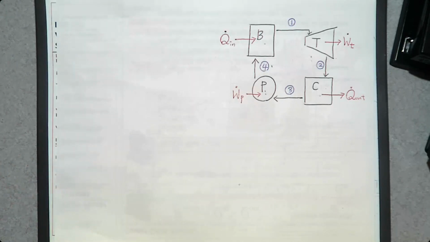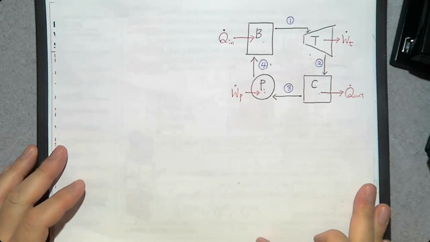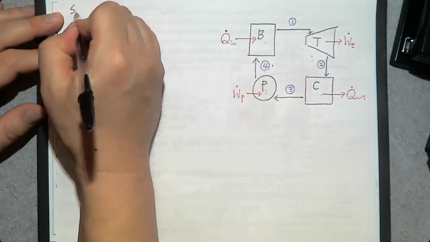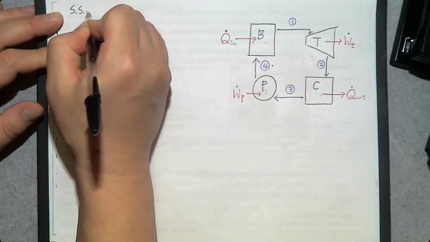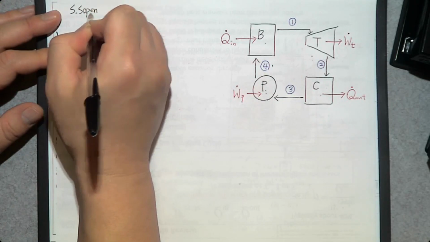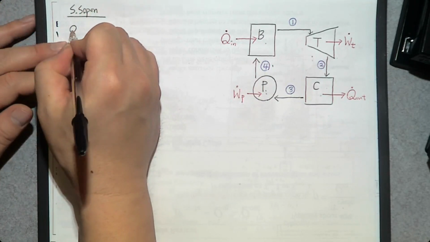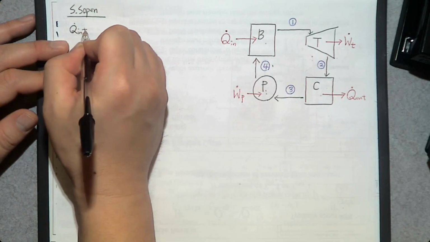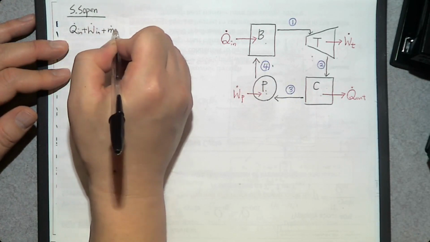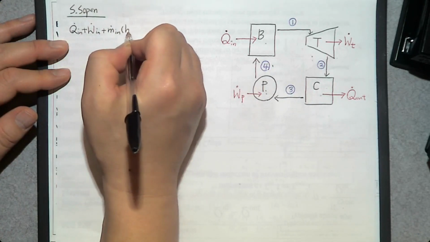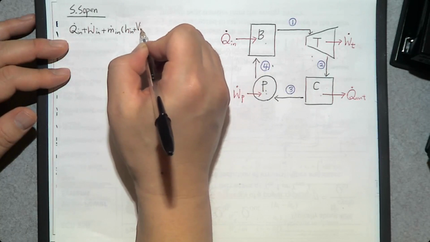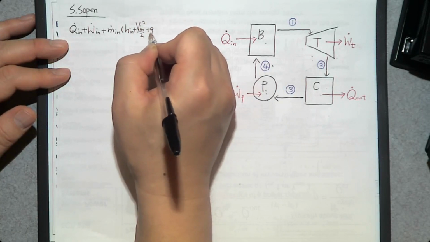Then let's analyze each component thermodynamically. So how can we do that? We can use the energy balance equation. The general energy balance equation for a steady state open system: we have Q dot in plus W dot in plus m dot at the inlet, times specific enthalpy, kinetic energy, and potential energy, but we are going to neglect them.